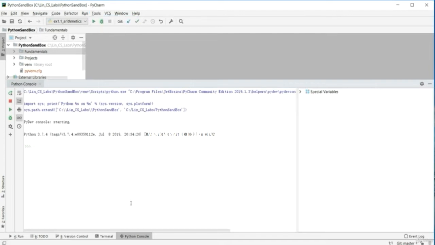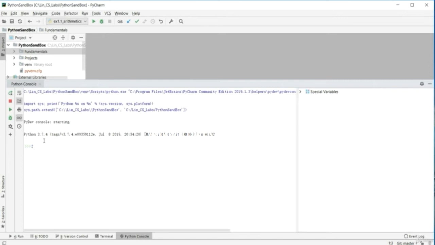Or if you see this Python console, but you don't see the command or console prompt, you can click this, rerun. That will activate the Python console.